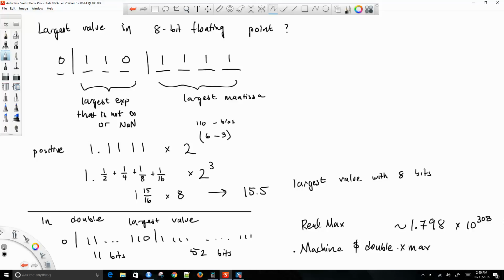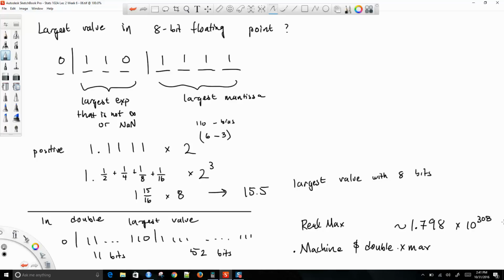And at the heart of it, this is because there's an infinite number of real numbers. We have a finite number of bits to represent a number, and so there's only a finite number of values we can represent.